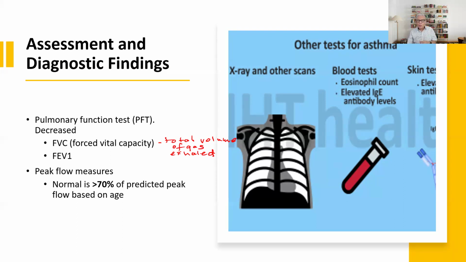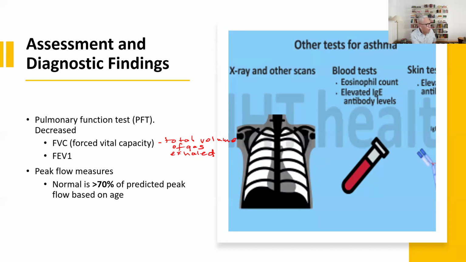We're going to measure this by asking the patient to take in a deep breath. Then we ask them to blow, blow, blow until they can no longer blow. This is forced vital capacity. And FEV1 is the forced expiratory volume at 1 second.